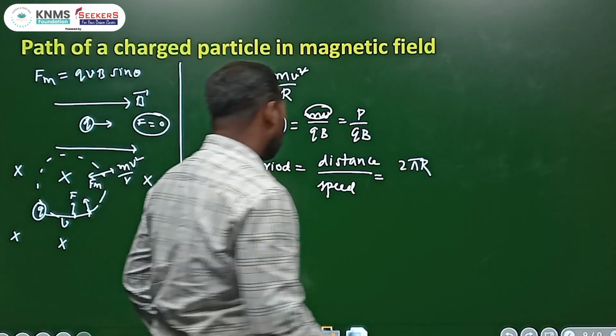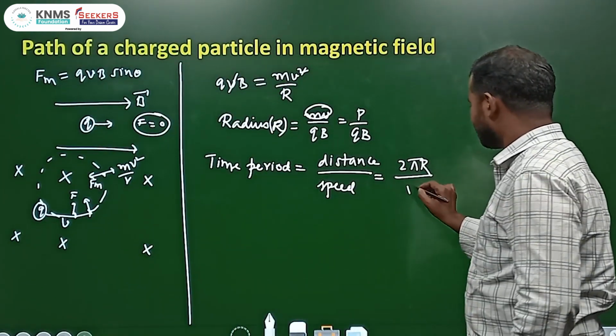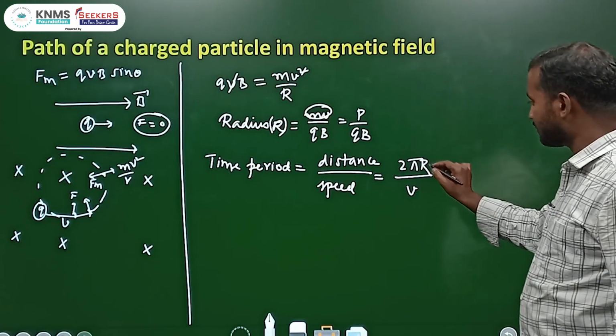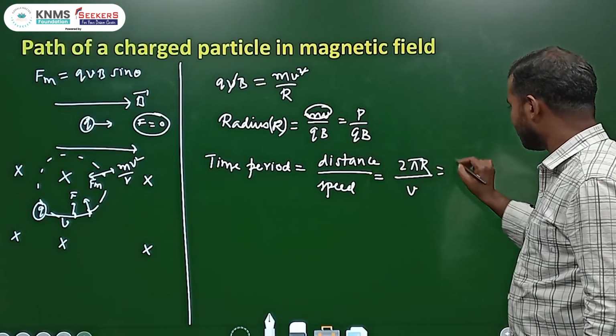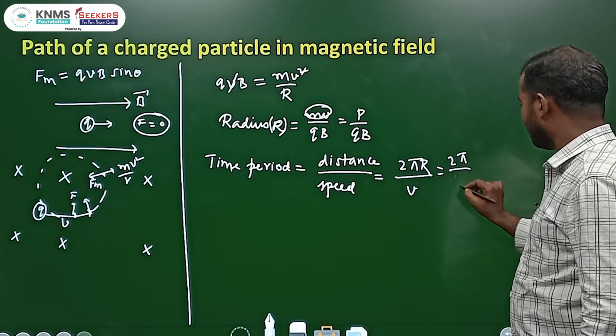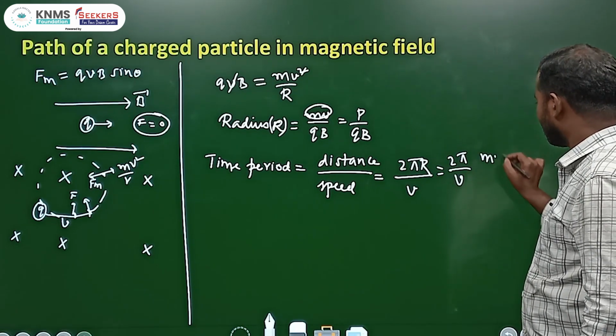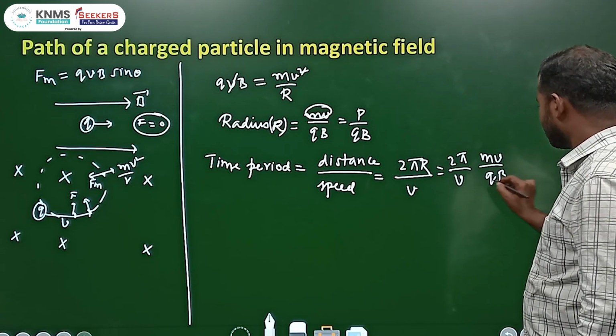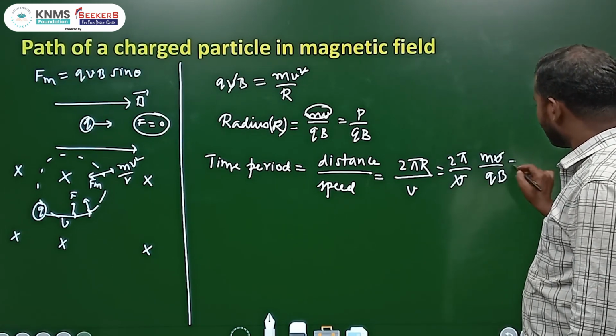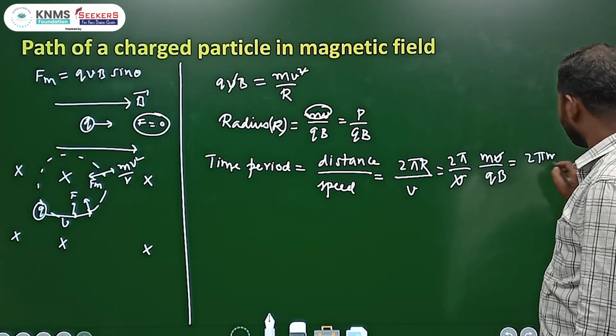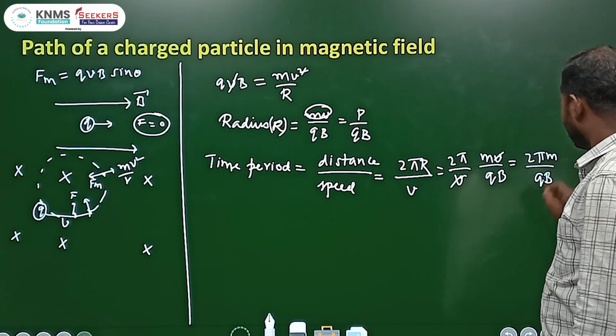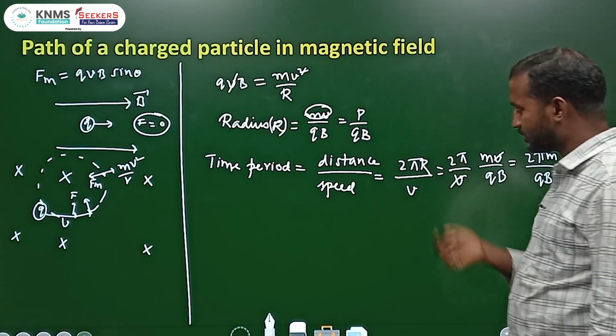The speed is v. Let me substitute r here: 2 pi by v into mv by qB. This v and that v get cancelled, and I get 2 pi m by qB, which is the time period for one complete cycle.